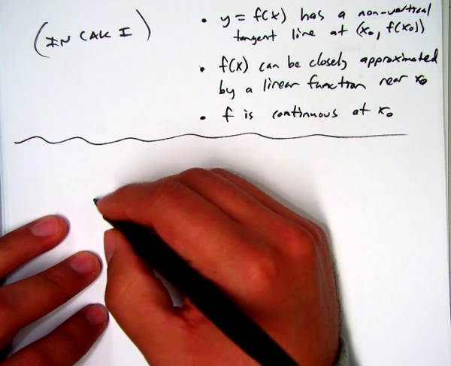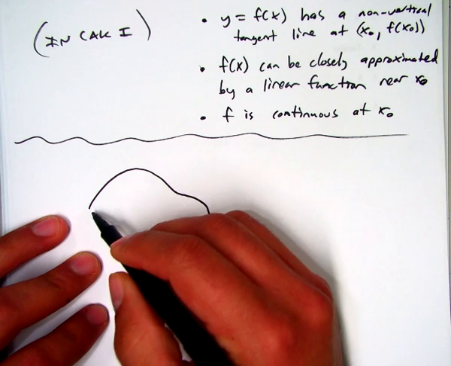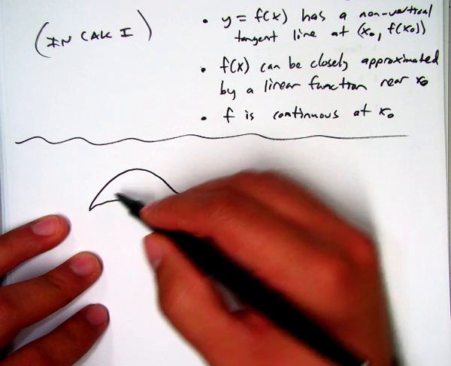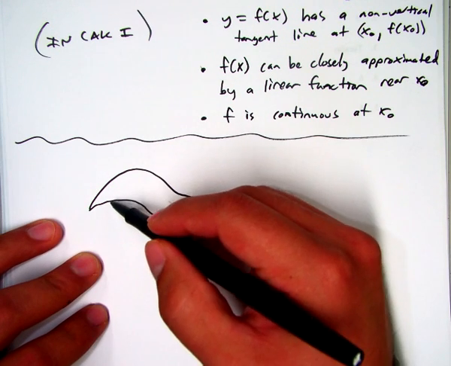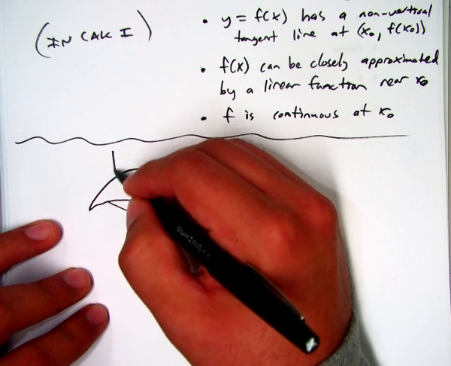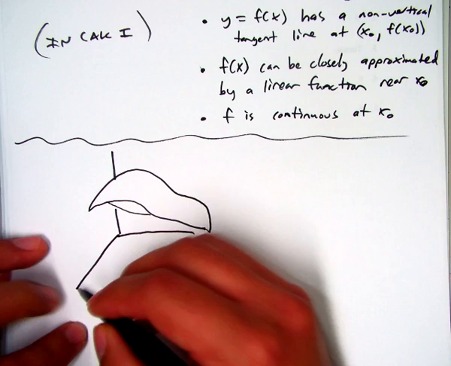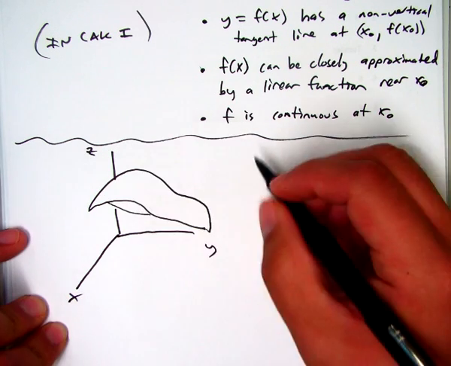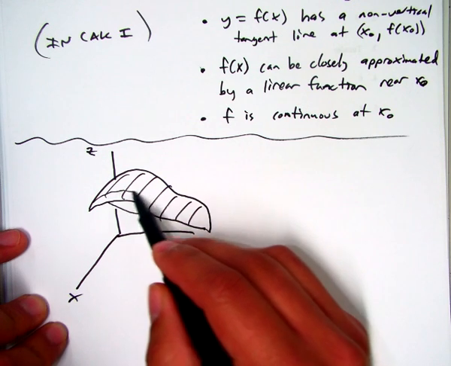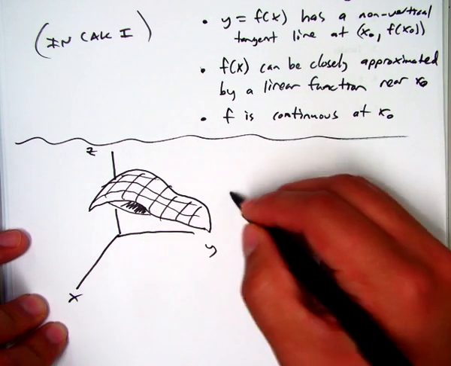Let's say we have some function or some surface. So here's f of x, y.